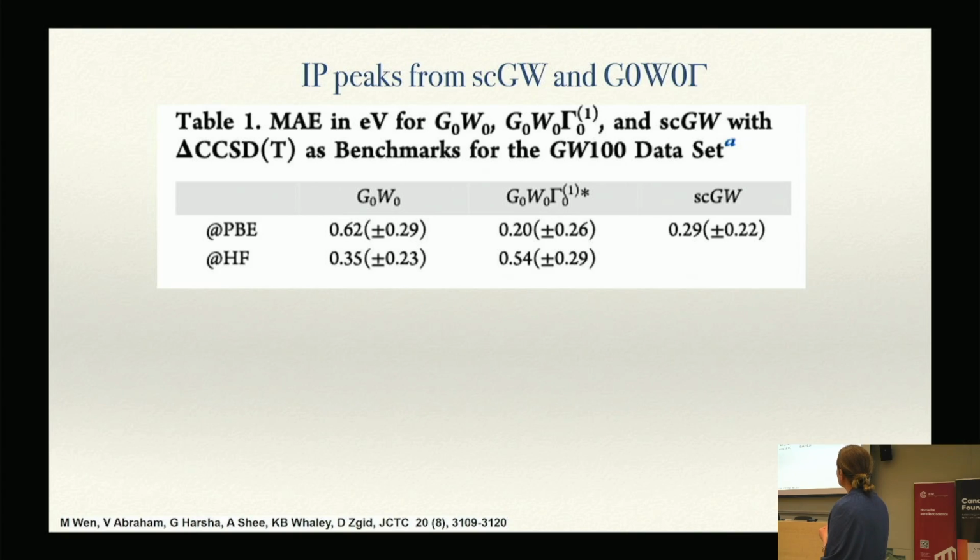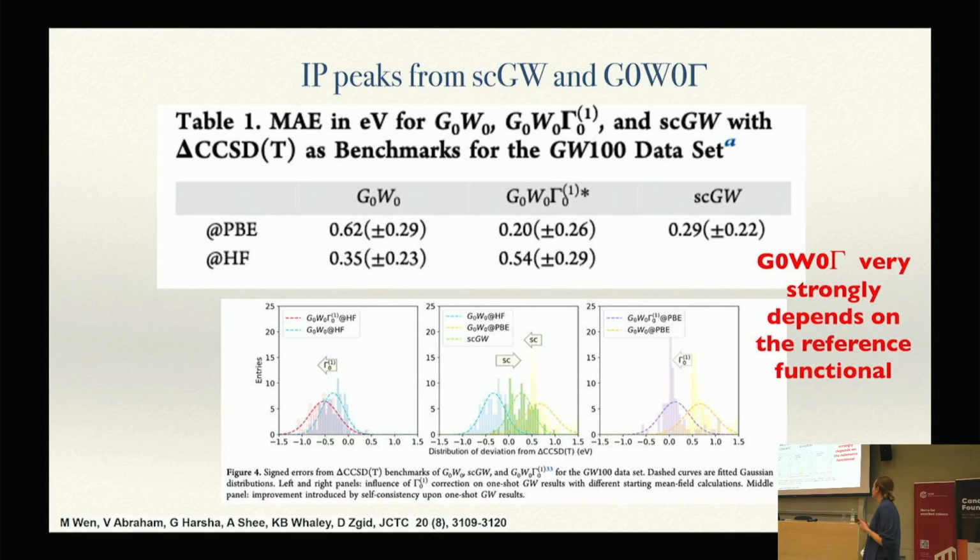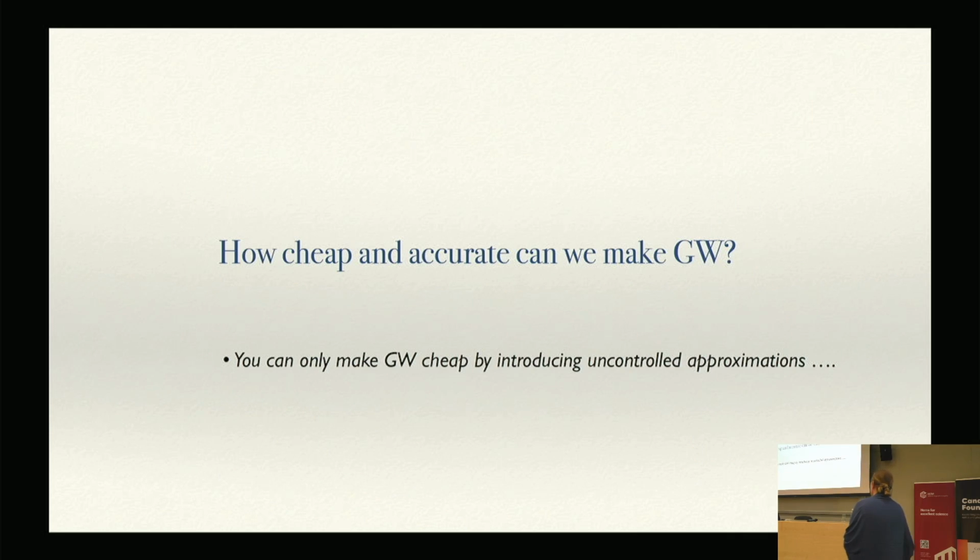When one does fully self-consistent GW, it's consistently better than this column, without any reference dependence. So we investigated this, and my student could see that the vertex always moves the results to the right, so the game is only to find the appropriate reference, and then one can hit the good point, but that's not what one would appreciate. And this depends very strongly on the functional.